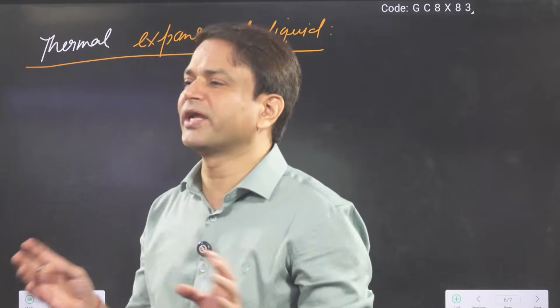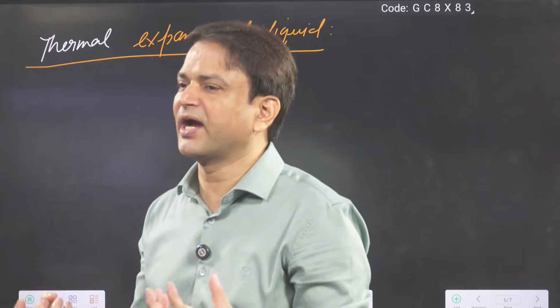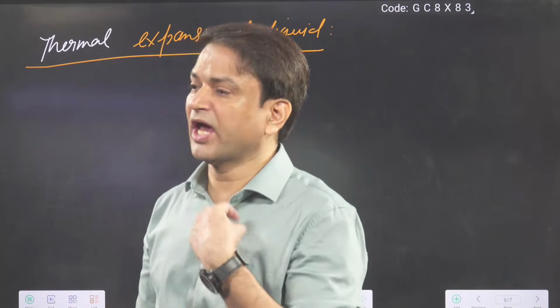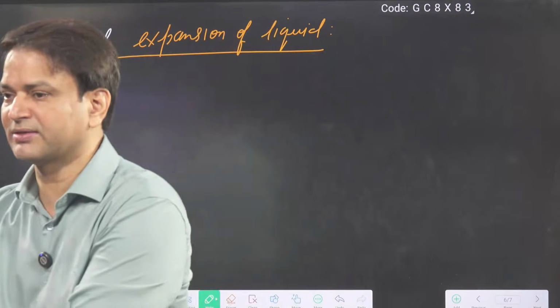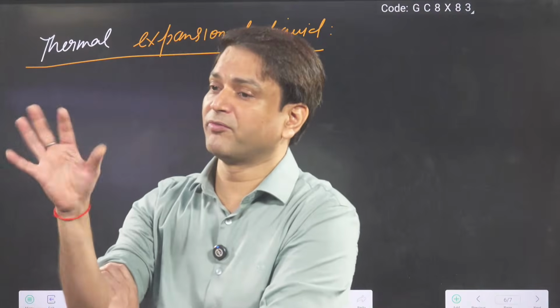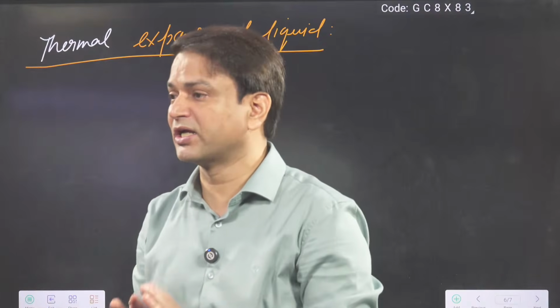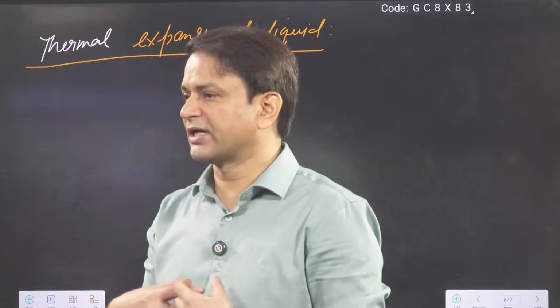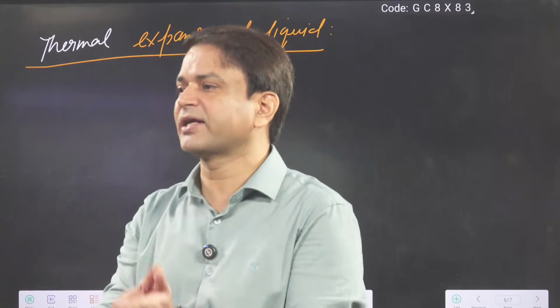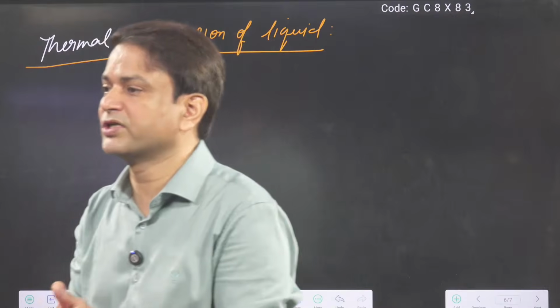So there is no meaning of the relation between the alpha, beta and gamma for the liquid. So many times it happened in the apparent expansion problem and the real expansion problem, people will use gamma is equal to 3 alpha for the liquid. That's why in the beginning I asked. For the liquid and gases we are only defining the coefficient of volume expansion.